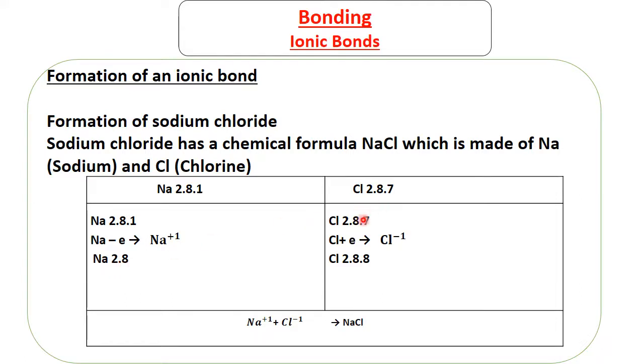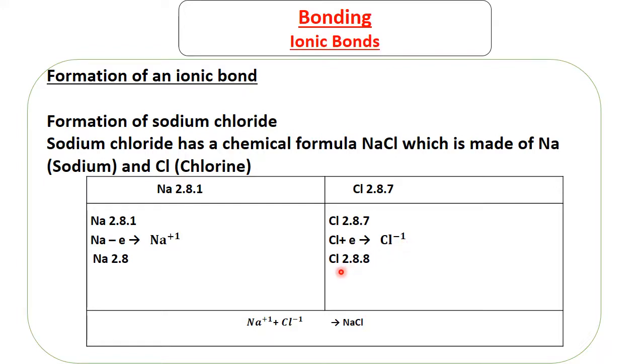Chlorine, on the other hand, is going to take advantage of the electron that sodium loses. Chlorine is going to gain this electron: Cl plus e-, where e is for electron. This results in chlorine having a charge of -1, meaning that it has gained 1 extra electron.